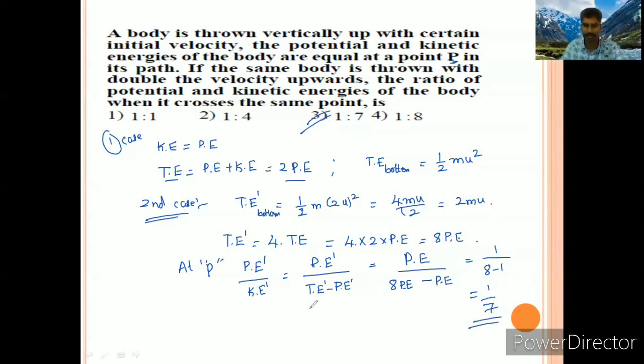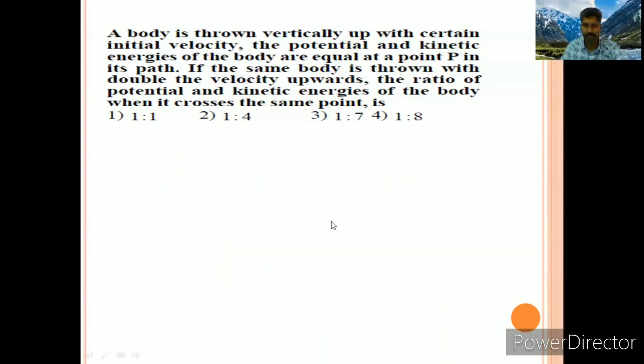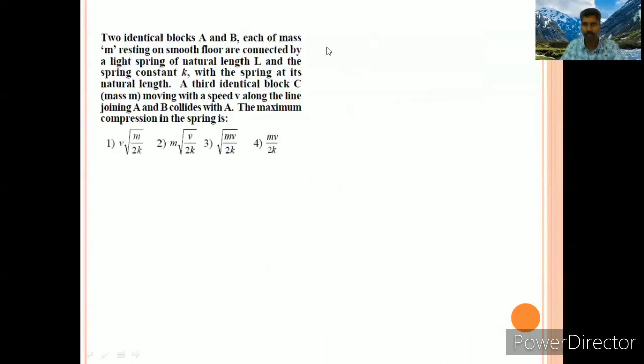Next problem is: two identical blocks A and B, each of mass m, resting on the smooth floor, are connected by a light spring of natural length L and spring constant K, with the spring at its natural length.